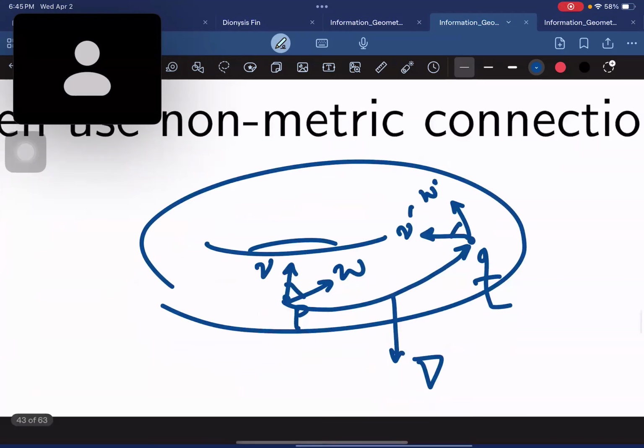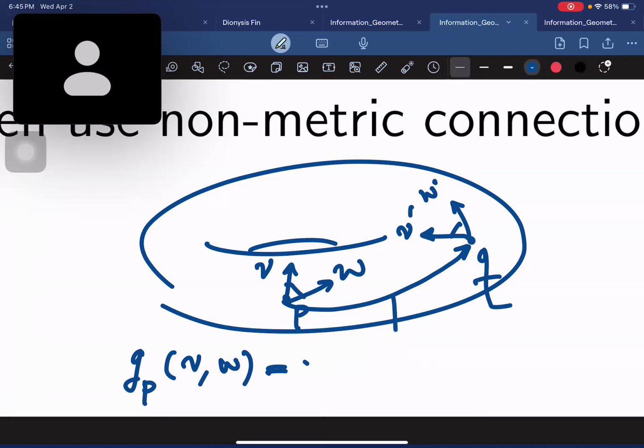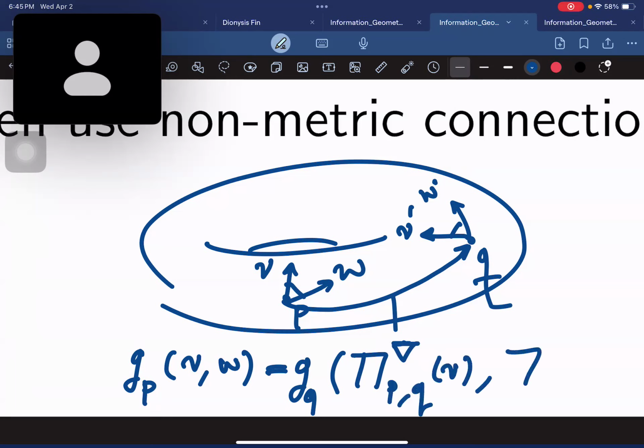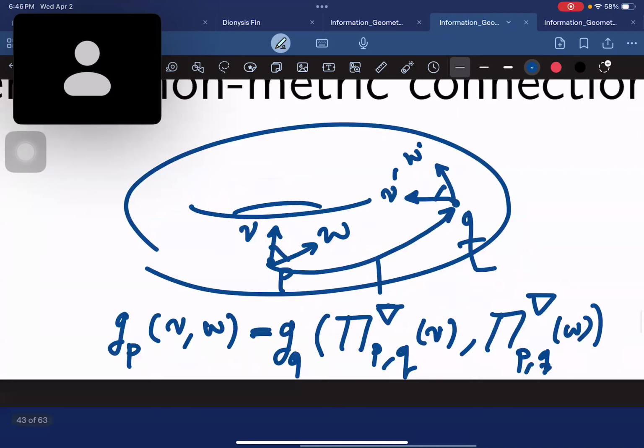So that's something we can formulate later: G at P of V and W should be the same as the inner product between the two, moving V autoparallel from P to Q and moving W autoparallel to the point Q with respect to the connection.